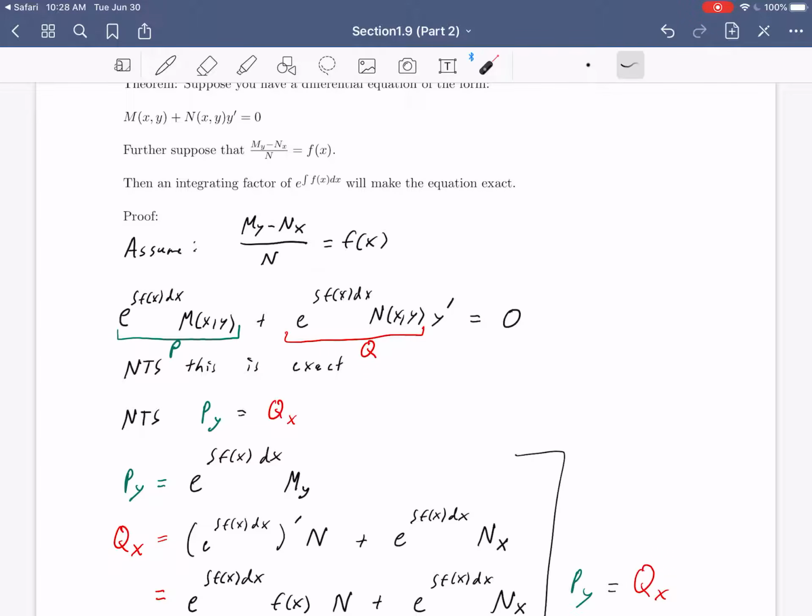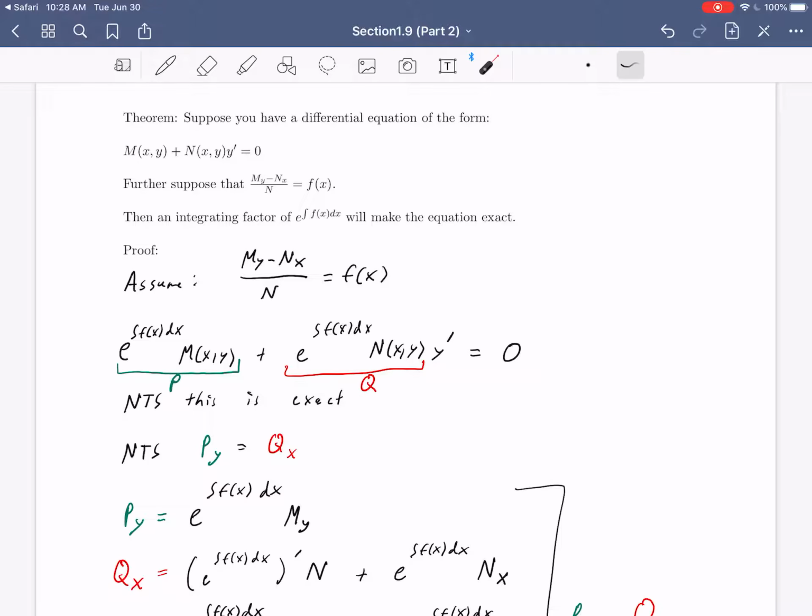Does that solve it for you? No. All that does is put it into the format of being an exact differential equation, which we then have a method for solving. So once again, this integrating factor technique doesn't solve the differential equation, it just simply puts it into a better format, a format that we're more comfortable with solving.